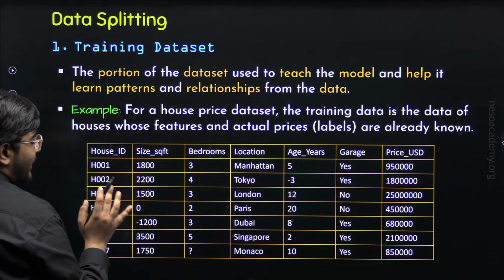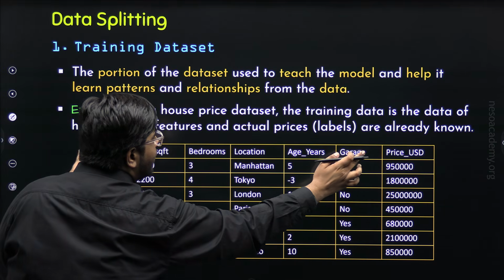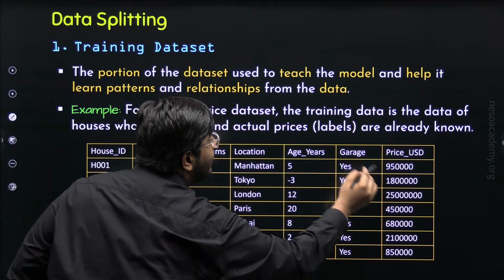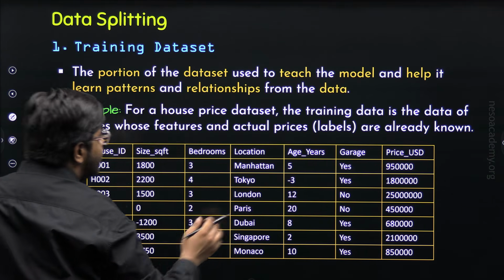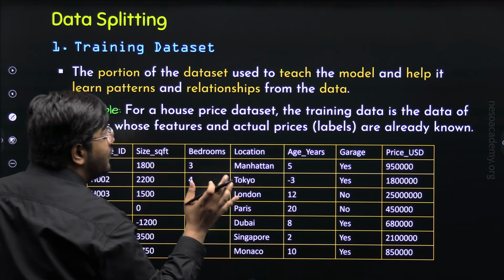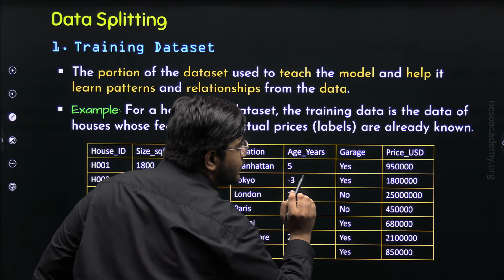In the previous lecture, I explained that these are the features of the houses, and this is the target variable for the house price prediction system, because these attributes define the features of the houses and this is the actual price of the house.